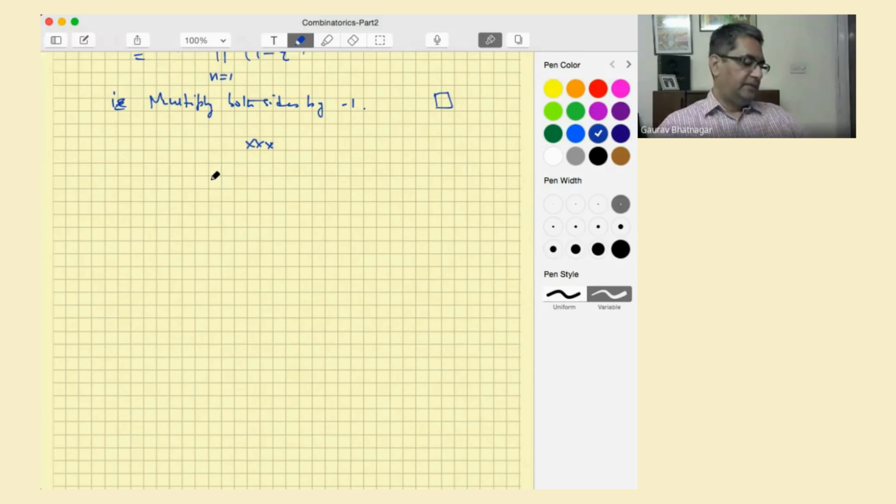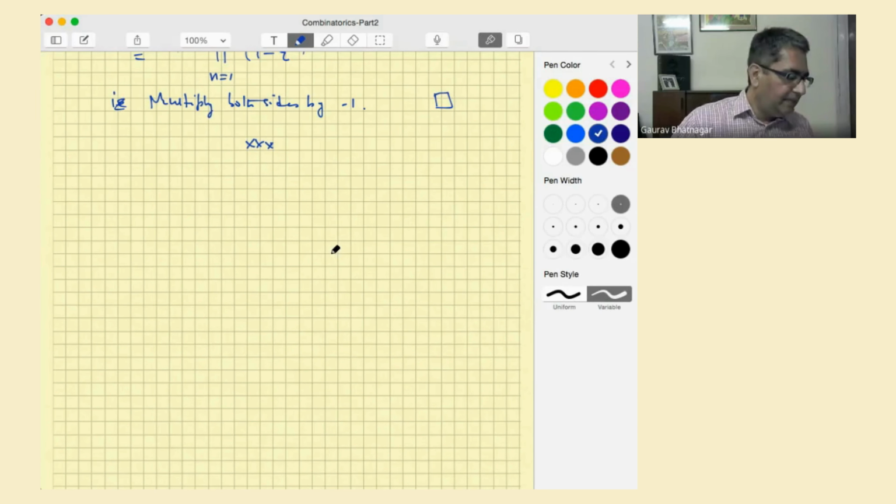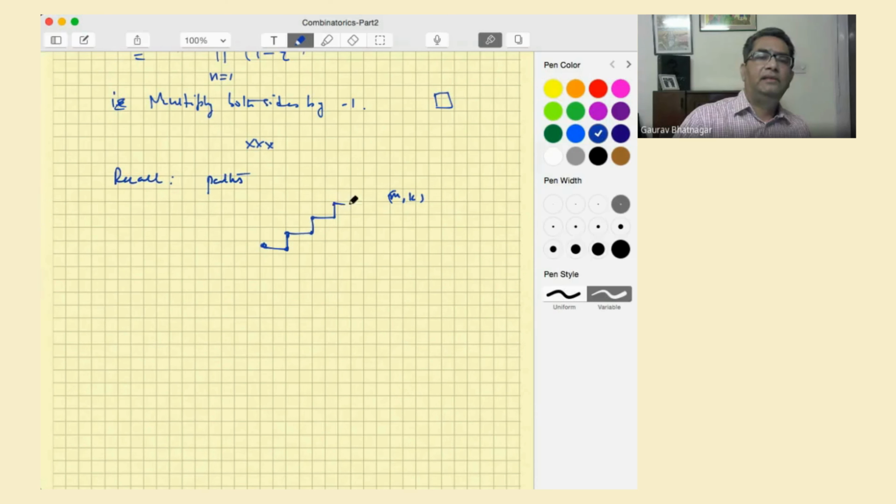Okay, so I'll just remind you of something for our next theorem. We recall we had paths, let's say, going from 0,0 to m,k. So we would go x, y like this, some path like this, right? And the number of such paths was m plus k choose k.